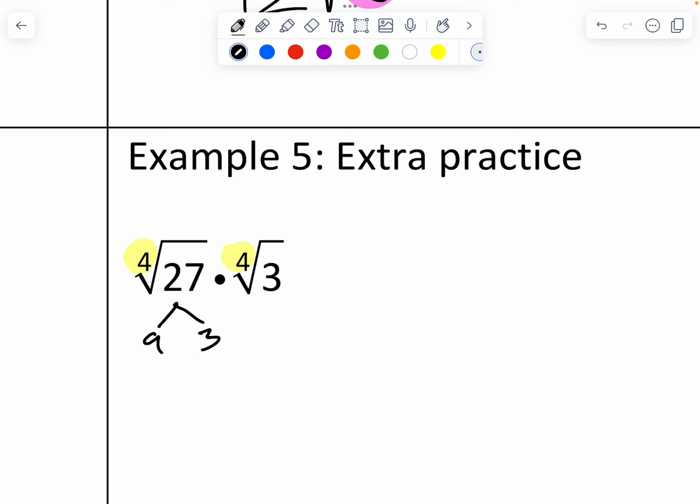27 is 9 times 3. And now we're multiplying. So there's 9, and that's 3 times 3.